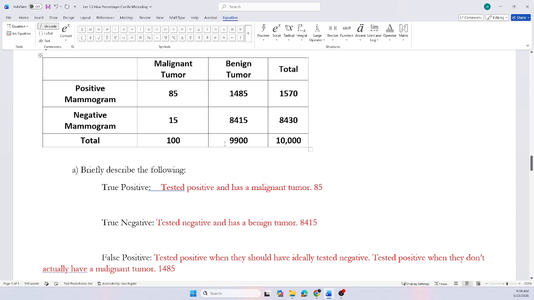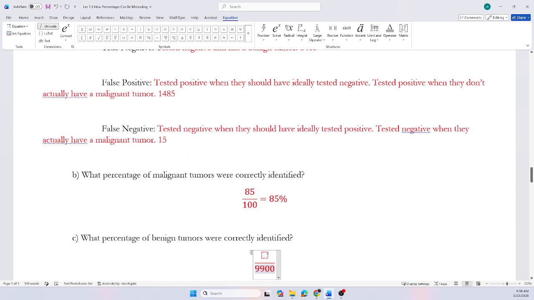If you have a benign tumor and the tests were perfect, all 9,900 people would test negative. Right? A negative mammogram is supposed to indicate that there is not a malignant tumor. So that'd be 8,415. We go ahead and punch that in. 8,415 divided by 9,900 is 85%. Let me just go ahead and confirm that real quick. Yep, 85%.